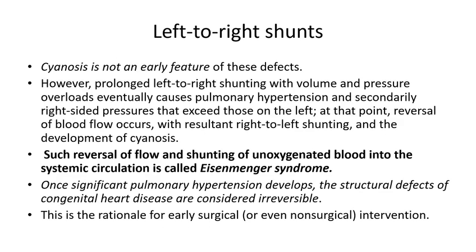Cyanosis is not an early feature but is a feature of long term left to right shunts. And when left to right shunt is converted into right to left shunt, it is known as Eisenmenger syndrome, reversal of flow and shunting of unoxygenated blood into the systemic circulation.